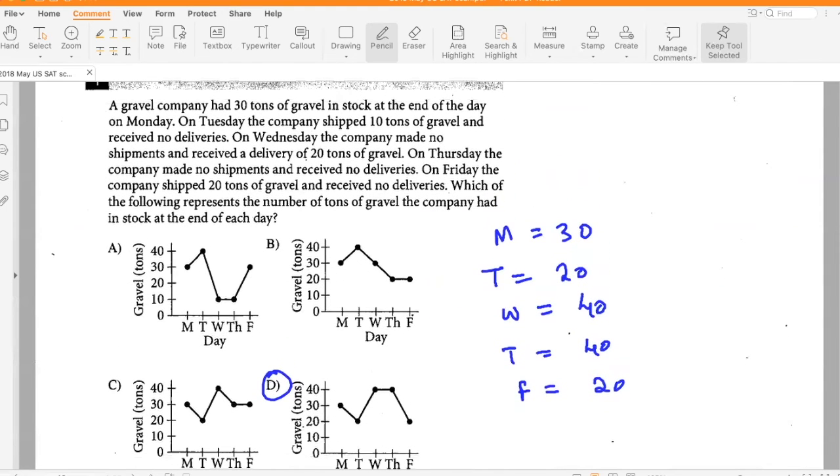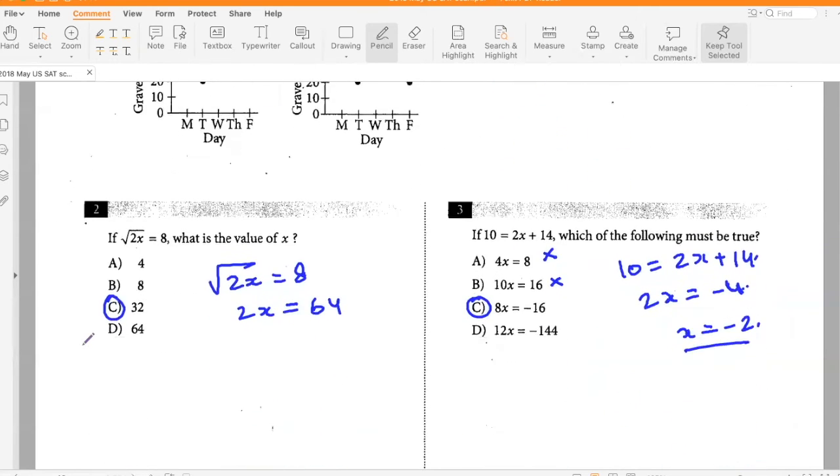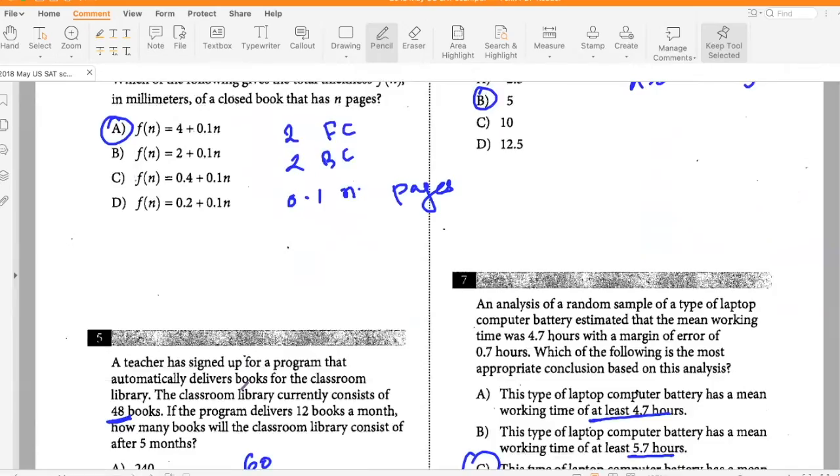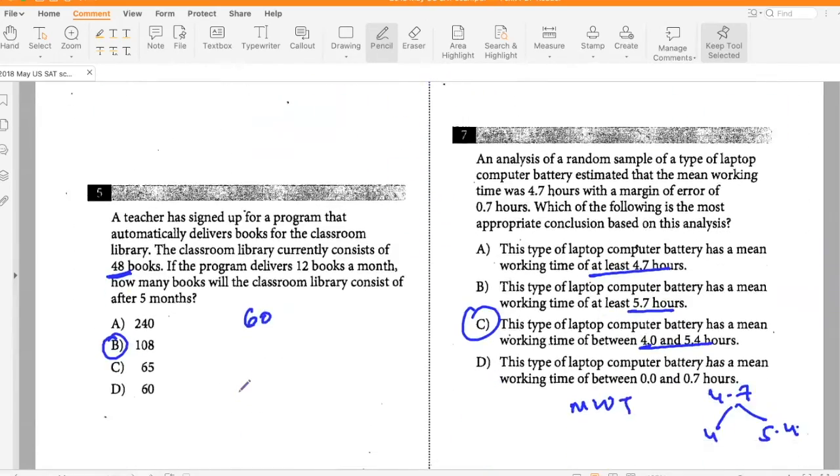So I have the answer key here for calculator. DCCA. Question 5, BBCA.